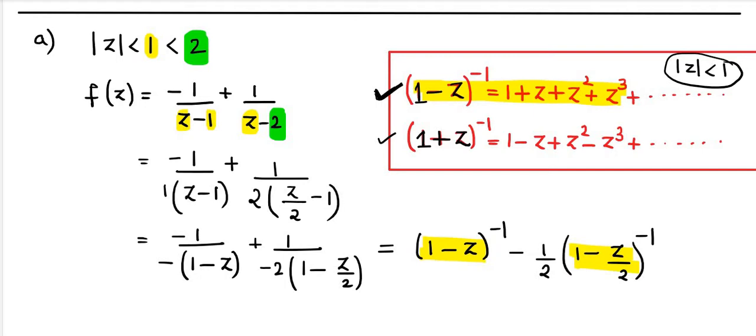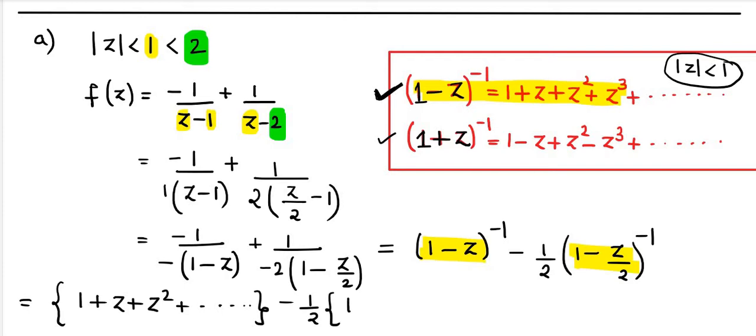Now after making use of that formula, our first term will become 1 plus z square plus etc. Our second term expansion will be 1 plus z by 2 plus z by 2 whole square plus etc.